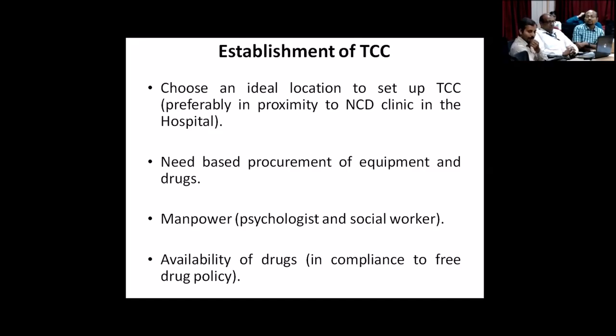So what happens usually in these NCD cells is the patients are counseled for various non-communicable diseases like diabetes, hypertension, cancer, and other NCDs. So ideally speaking, any tobacco cessation center in close proximity or adjacent to an NCD cell will draw more patients, more tobacco users for the services.